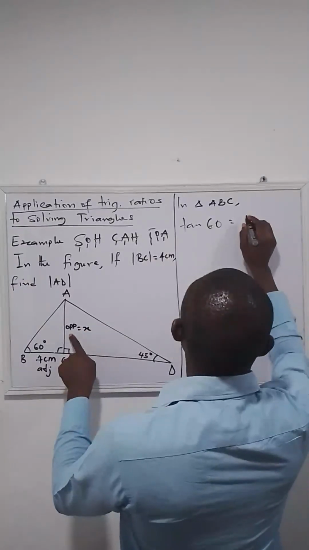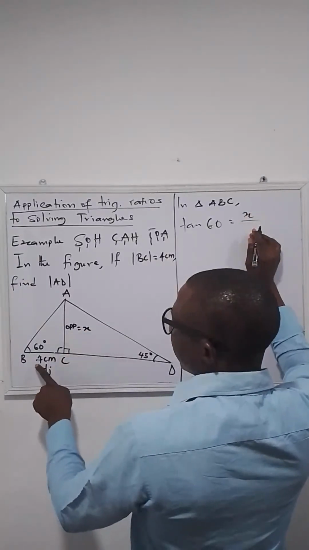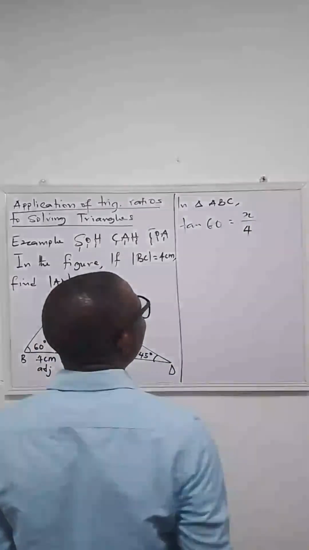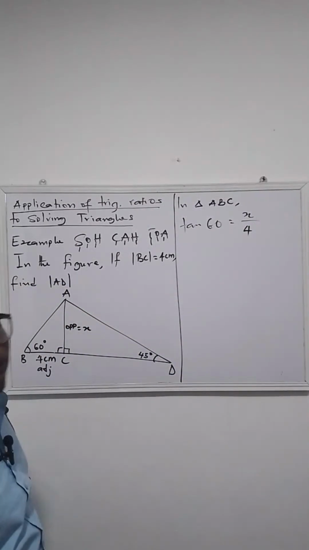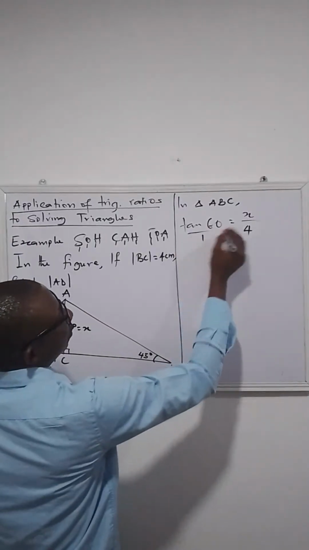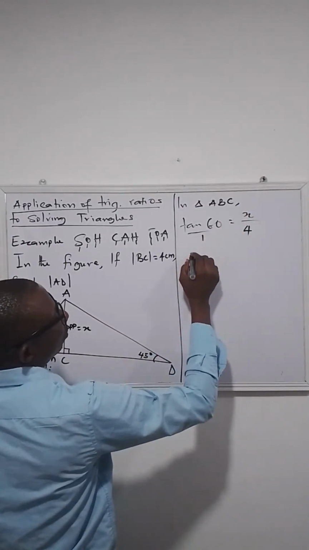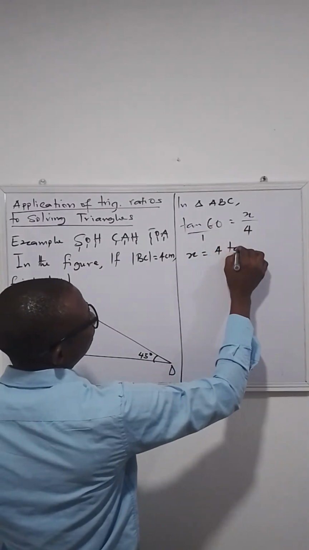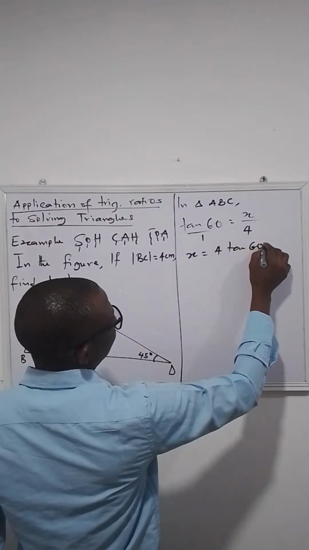The opposite is x, over the adjacent, which is 4. The next thing is to cross multiply. So x equals 4 tan 60 degrees.